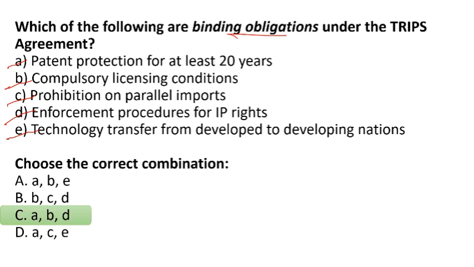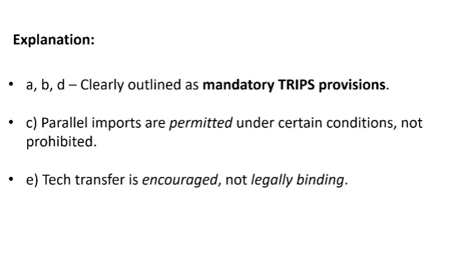All right. So the right answer is option C, that means A, B, and D only. ABD clearly outline the mandatory TRIPS provisions. Option C, which is saying prohibition of parallel imports, it is actually permitted. It is not prohibited. The option in the question is asking about the prohibition, but that is not correct.